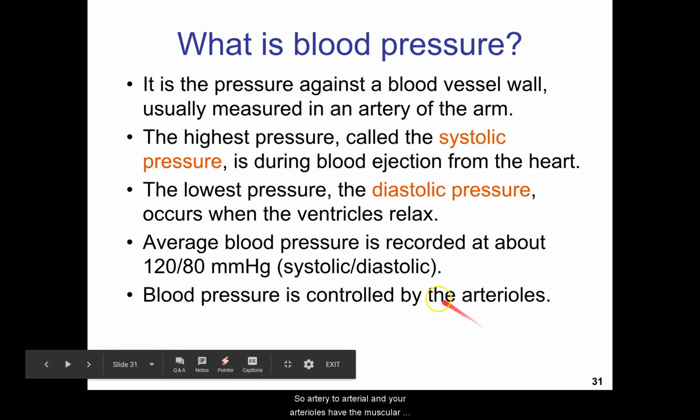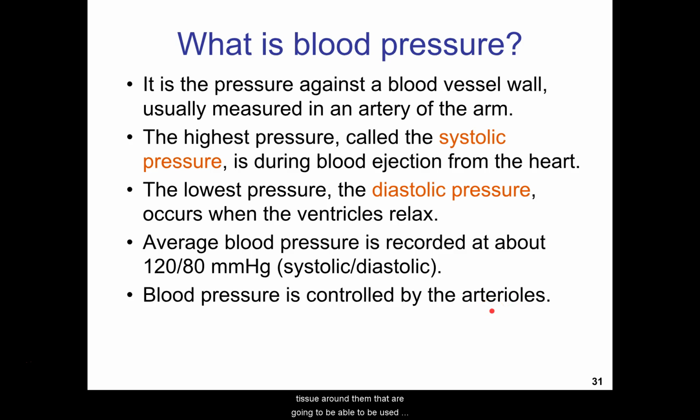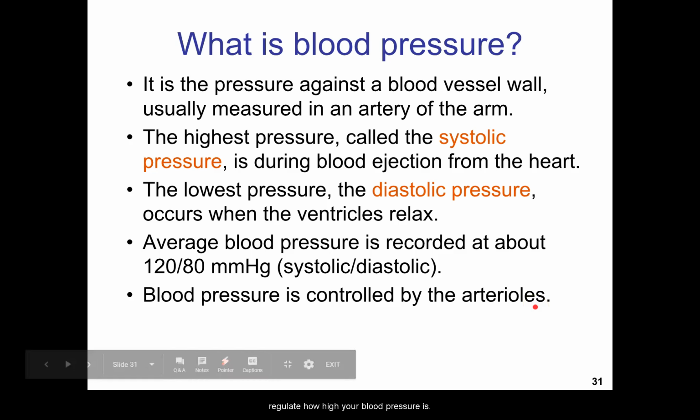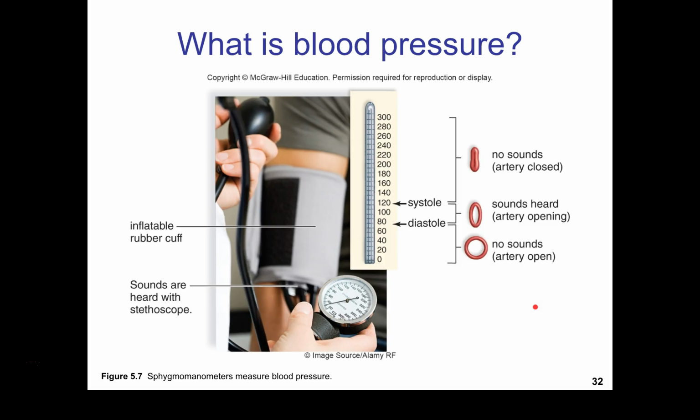So artery to arteriole, and your arterioles have the muscular tissue around them that is going to be used to regulate blood pressure. As you get older and as you're exposed to more pollution, your arterioles actually are contracting, and it becomes more difficult to regulate how high your blood pressure is.